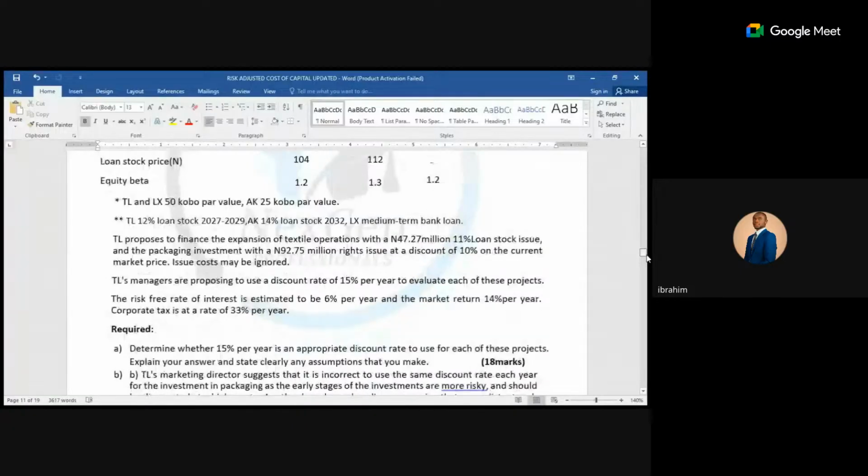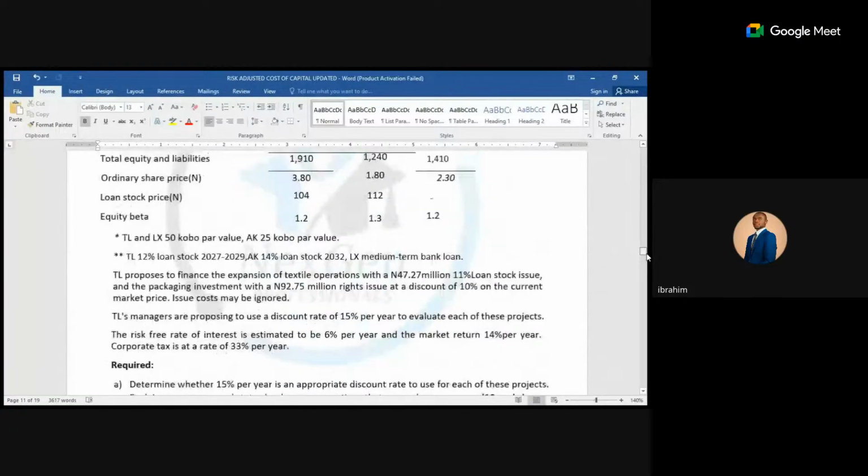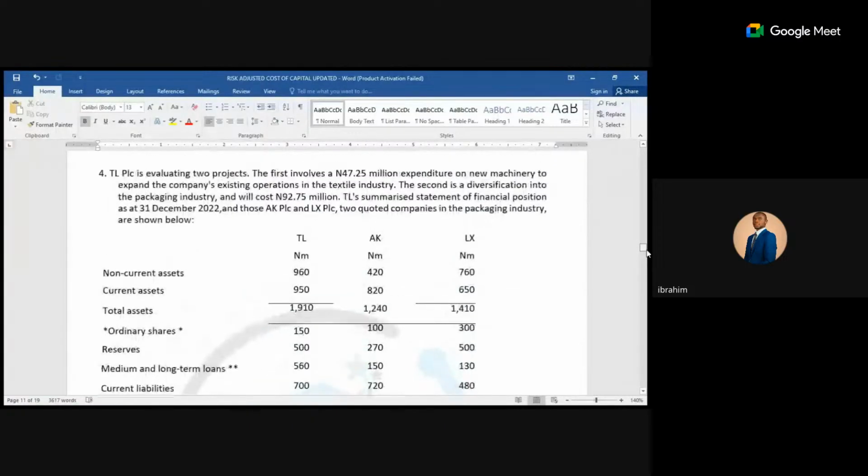So in order to do that, they have two projects. We need to determine the weighted average cost of capital for the diversification, which includes the business risk and the financial risk of the main company, as well as for the textile expansion, which is the company itself, right?